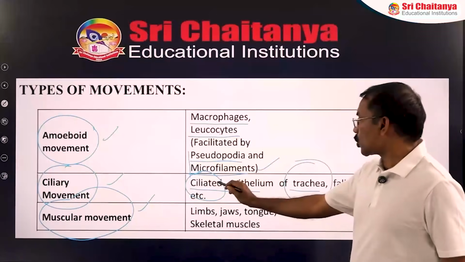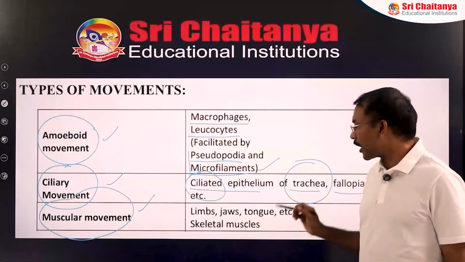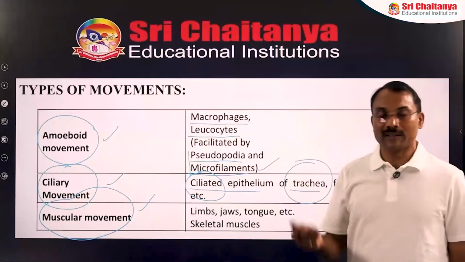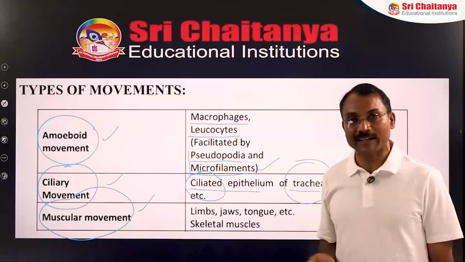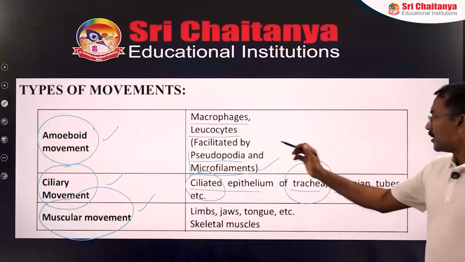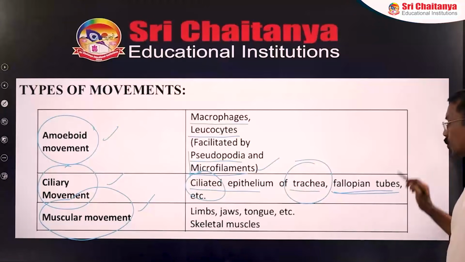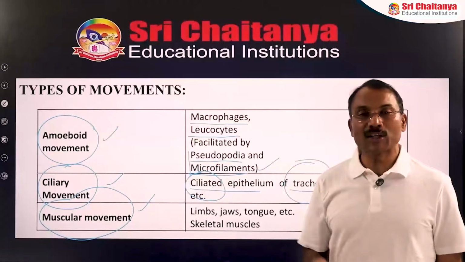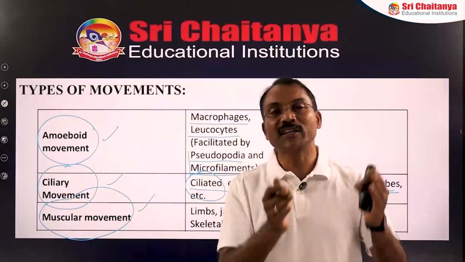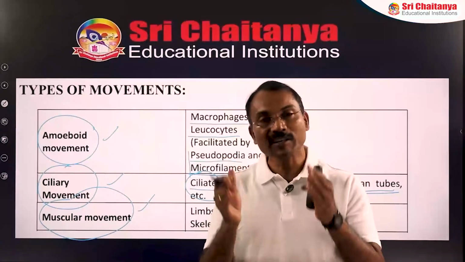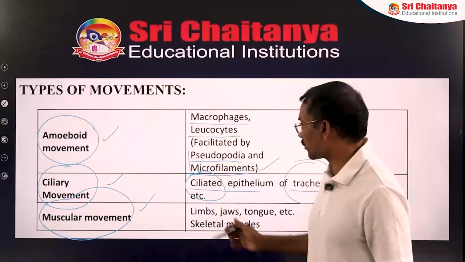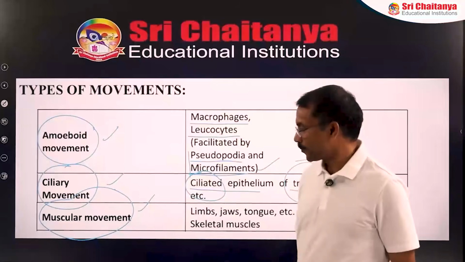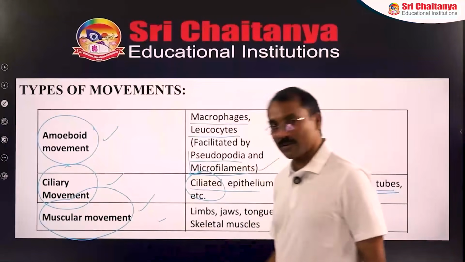As they bend towards one direction, the foreign particles are driven towards the throat to be removed from our respiratory tract. Cilia in the fallopian tube bend in one direction. That bending of cilia in one direction facilitates the movement of gametes. This is ciliary movement.